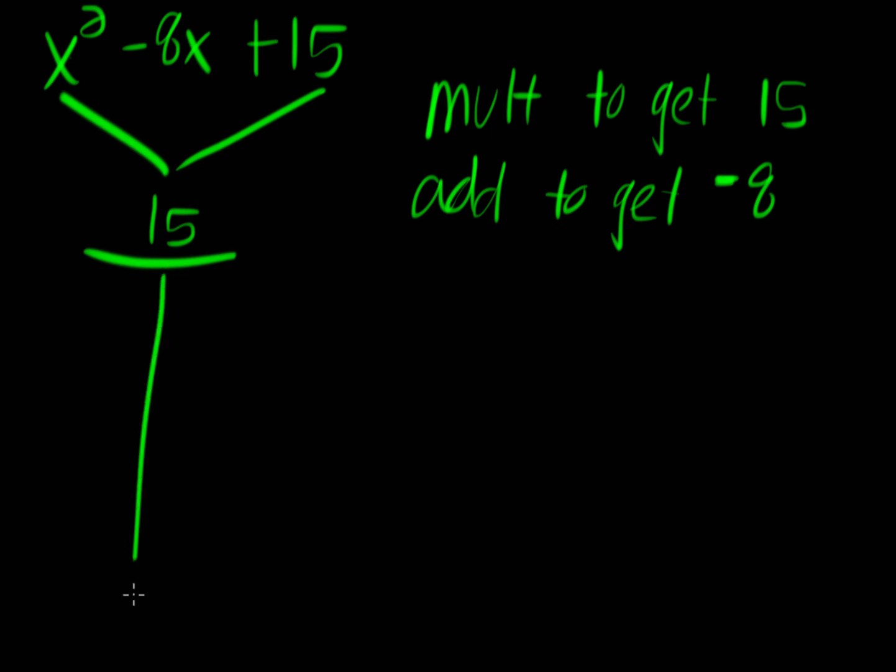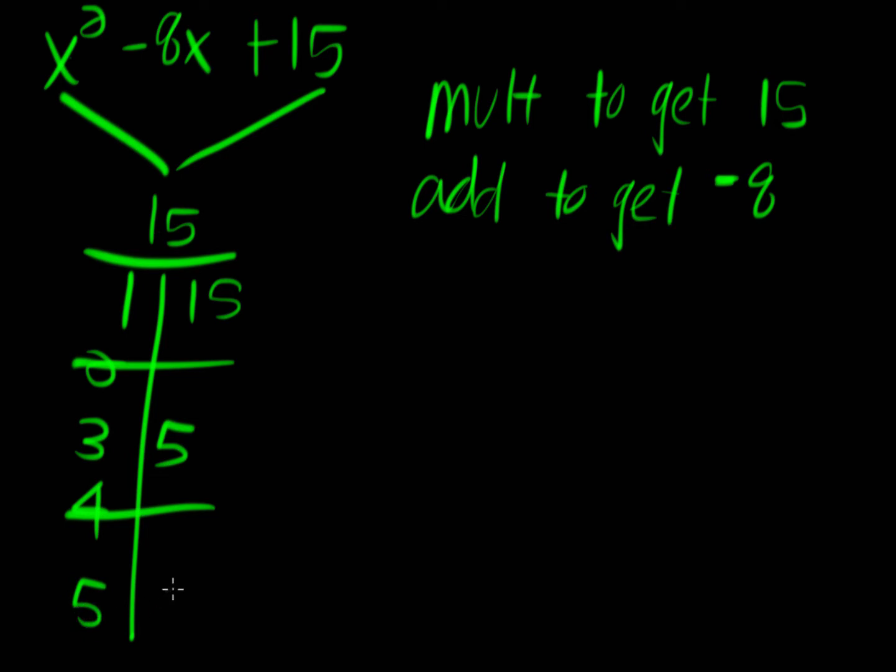So let's find all the factors of 15. We have 1 and 15, 2 doesn't go into it, 3 goes into it 5 times, 4 doesn't, 5 goes into it 3 times, and I have started repeating so I can stop.